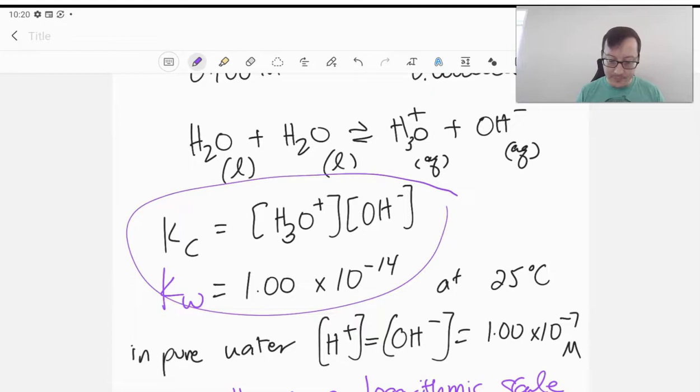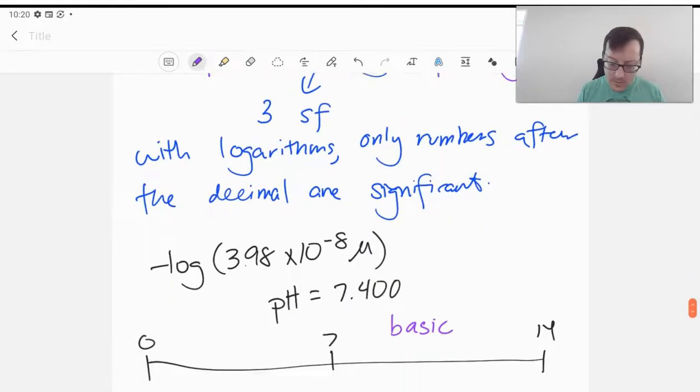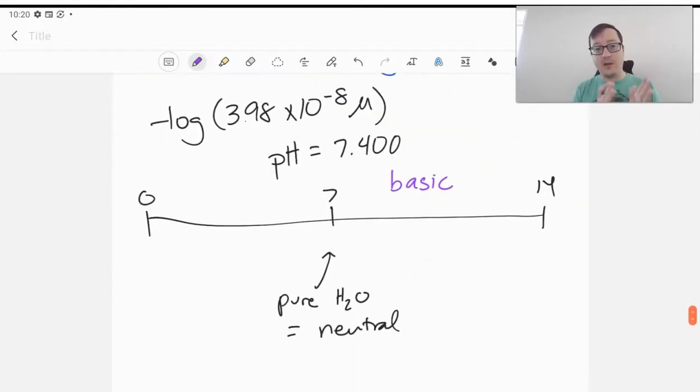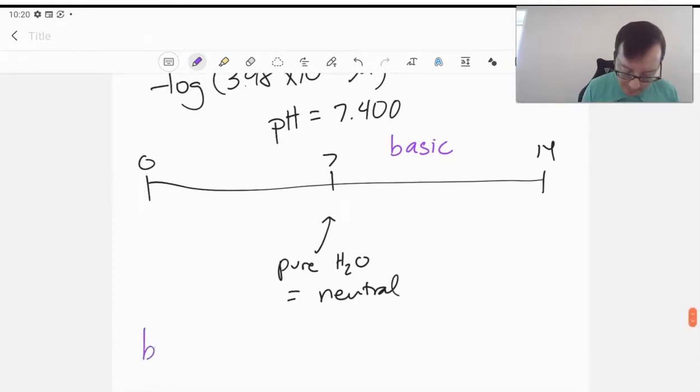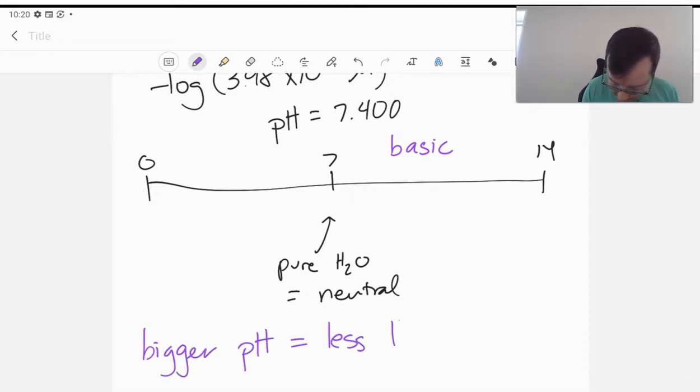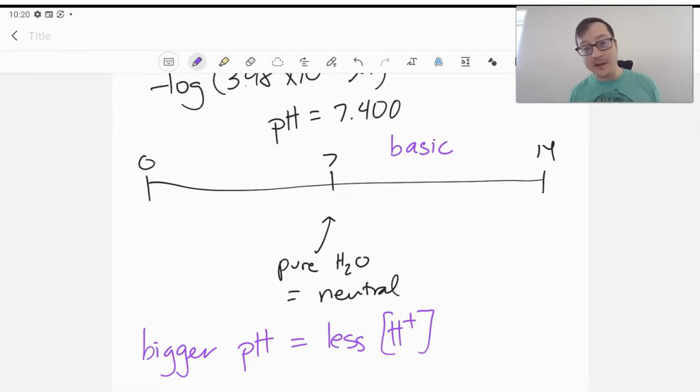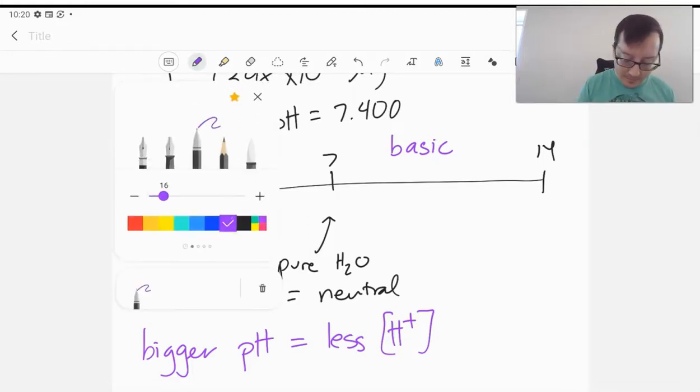We'll use that a lot, especially in the next video. But anything that's going to have a pH higher than 7 means your H plus is getting lower and lower. Remember that since this is a negative log, a bigger number means less acid. So a bigger pH equals less H plus. So the lower your pH is, the more acidic you are. The higher your pH is, the more basic you are.